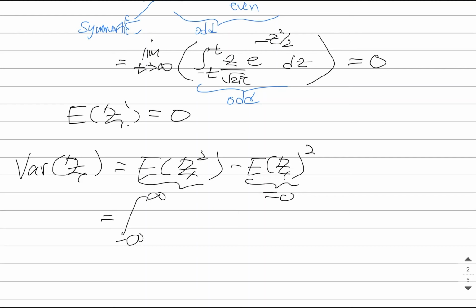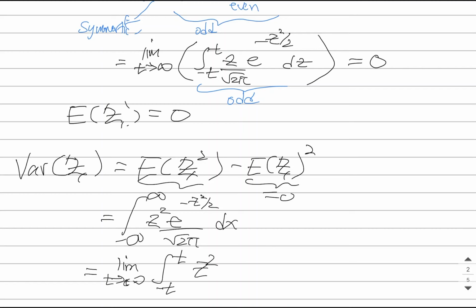So again, it's another integral from negative infinity to infinity, but this time we've got a z squared. Now we can write it once again as a limit t goes to infinity, negative t to t of z squared e to the minus z squared over 2 over the square root of 2 pi dz.